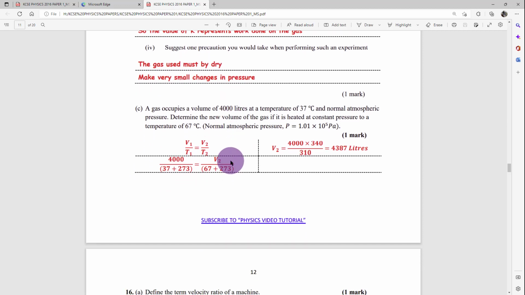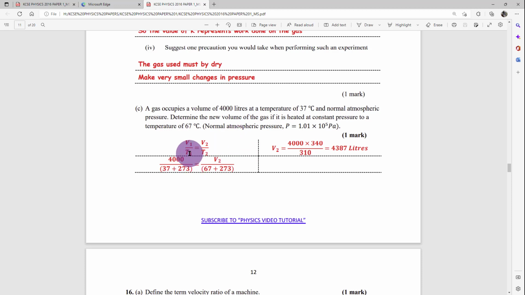C of the same question is a calculation which involves Charles' law. A gas occupies a volume of 4,000 liters at a temperature of 37 degrees Celsius and normal atmospheric pressure. Determine the new volume of the gas if it is heated at a constant pressure to a temperature of 67 degrees Celsius. Now, when you are dealing with calculations in gas laws, there is just one thing to be aware of.